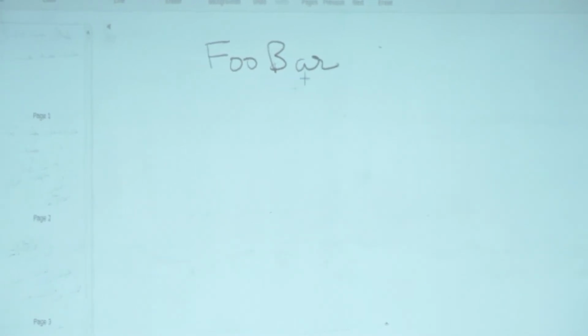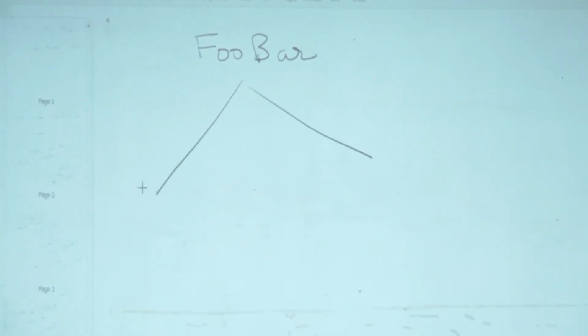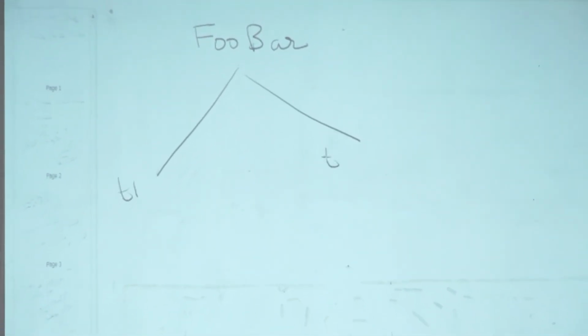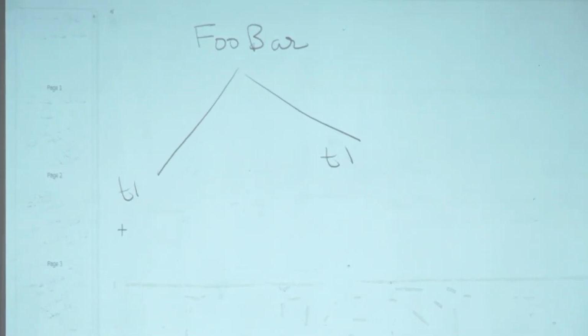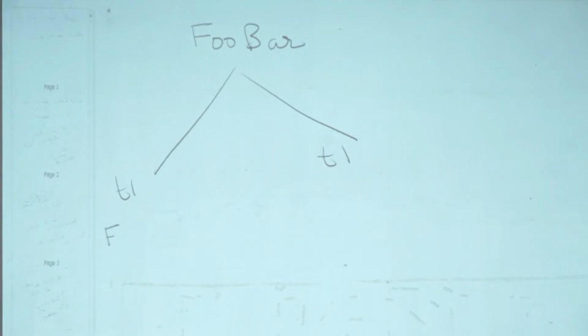So there is going to be an object called foo bar. This is going to be passed to two threads. Each thread is going to have its own runnable. So let's call this runnable foo runnable, and this is bar runnable.